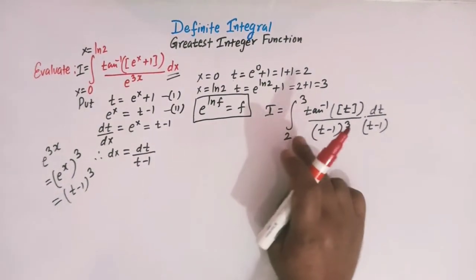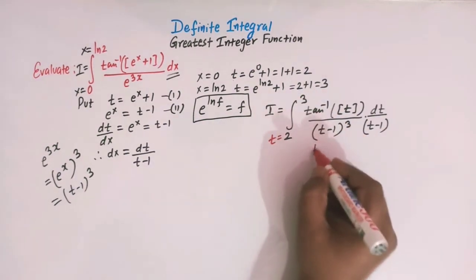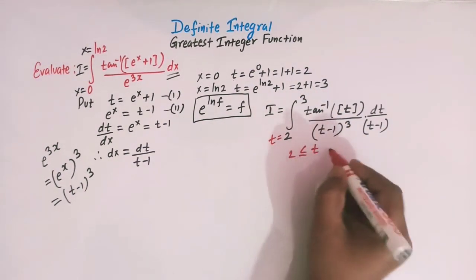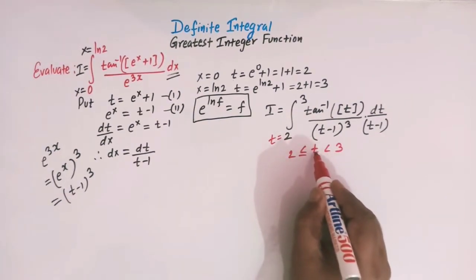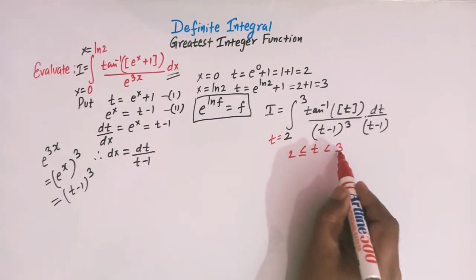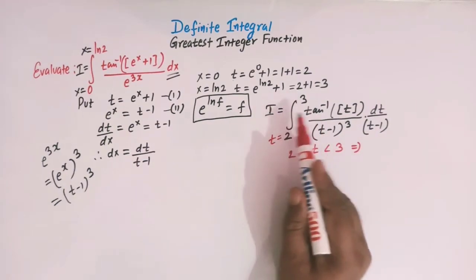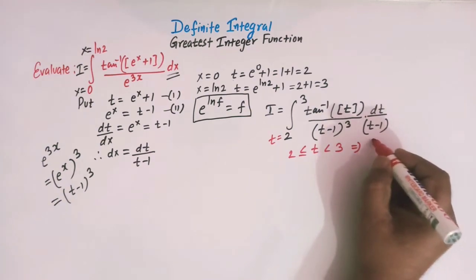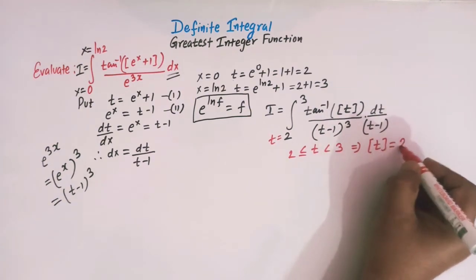Now we see that t varies from 2 to 3. It means t lies between 2 and 3. So when t lies between 2 and 3, by the definition of the greatest integer function, the value of the greatest integer of t is equal to 2.